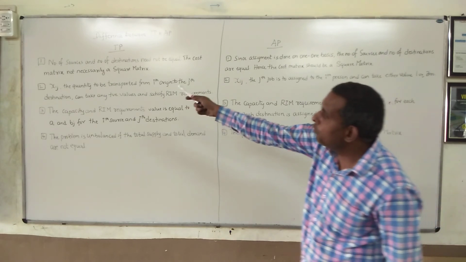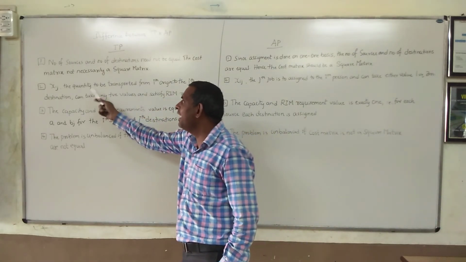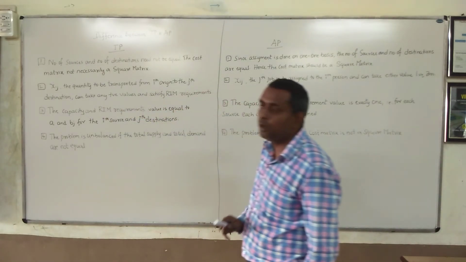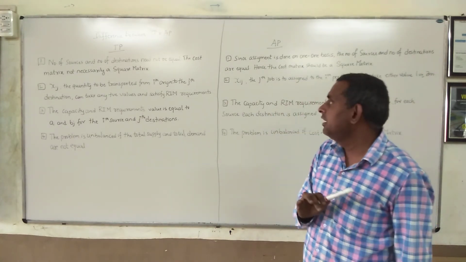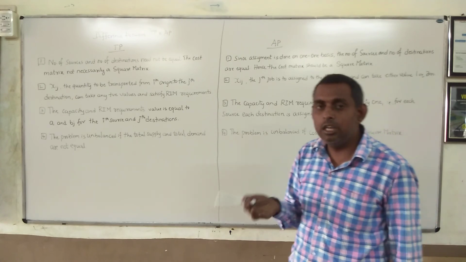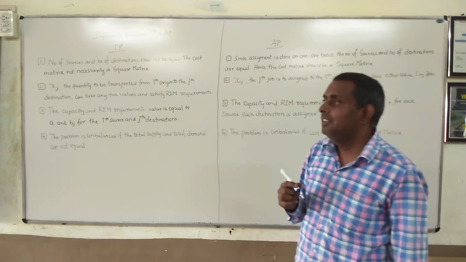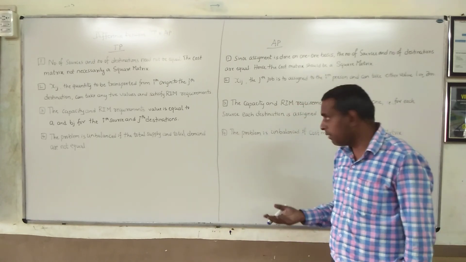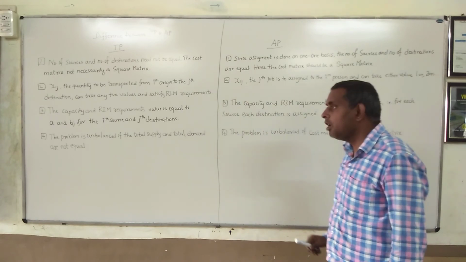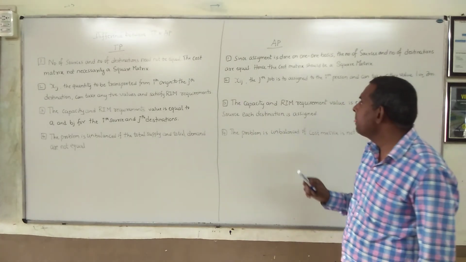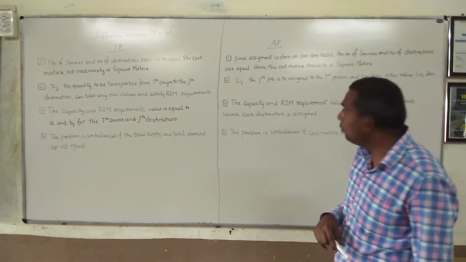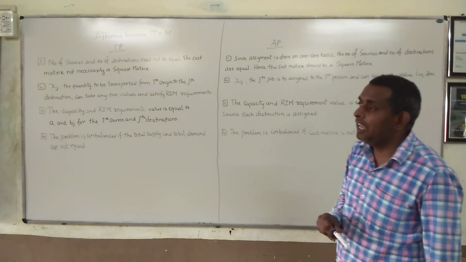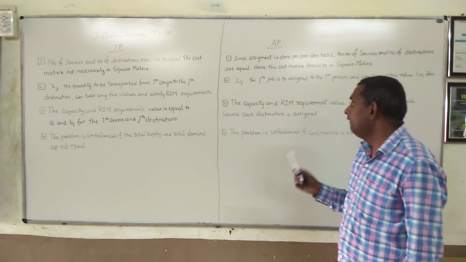Whereas for the transportation problem, Xij is the quantity to be transported from ith origin to the jth destination. So it can take any positive value and satisfy the rim requirements. Whereas for the assignment problem, Xij, the jth job is assigned to the ith person on 1-to-1 basis. So it can take either 1 or 0 value.